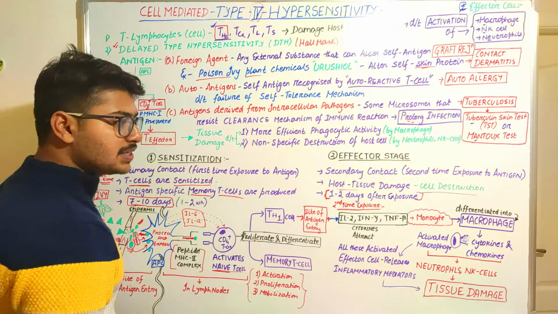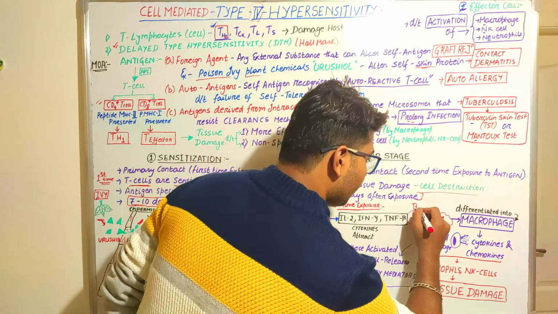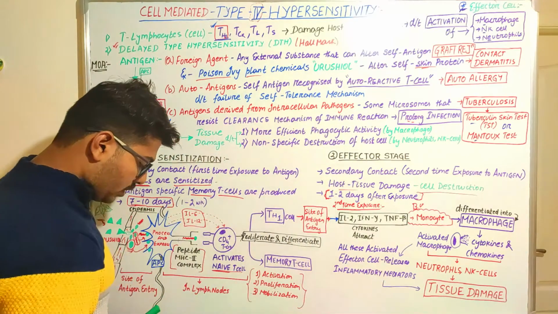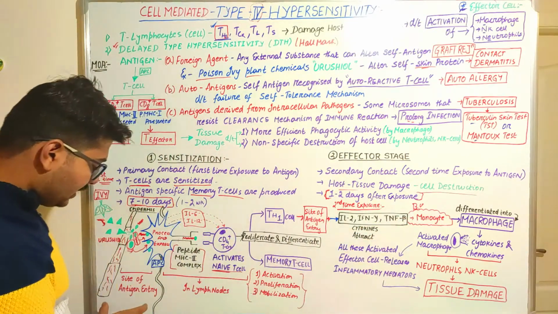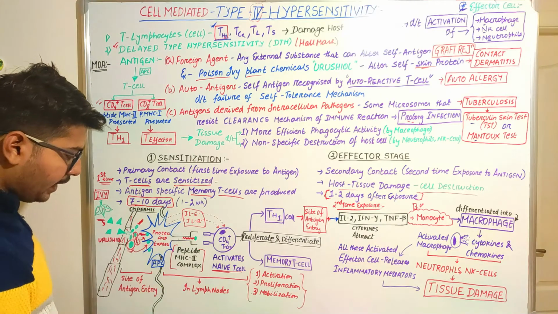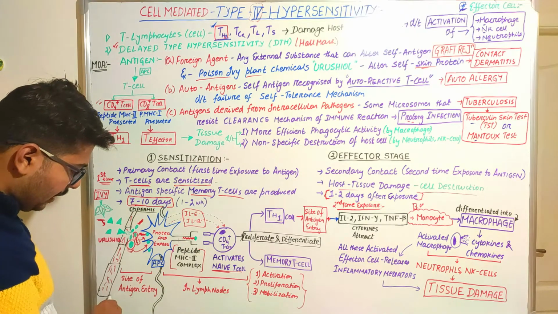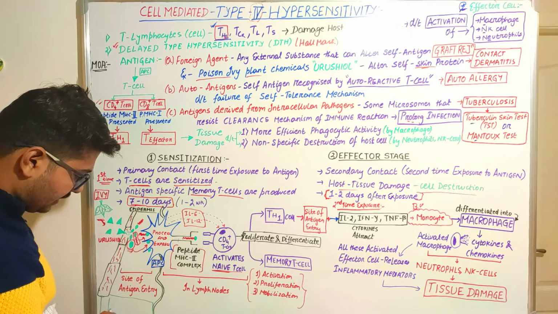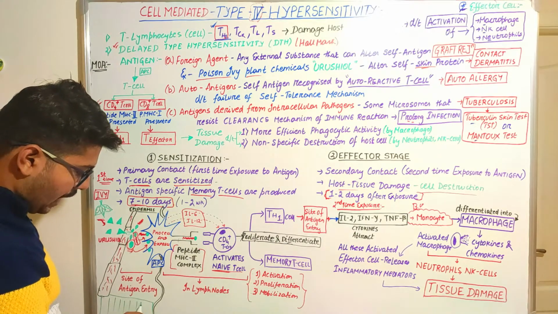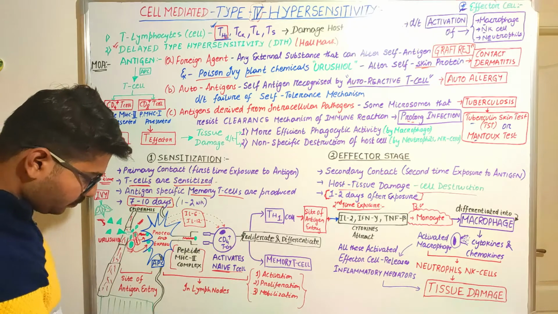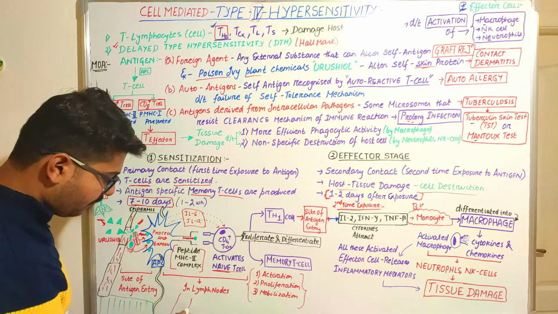These cytokines will be attracting the monocytes. The monocytes are present in the blood vessels. Okay, so they will be attracted to this site of entry, or the site of antigens. So these are the tissue or cell sites, and these are the blood vessels.